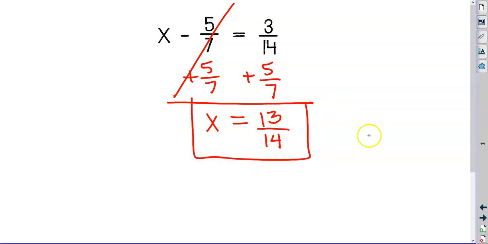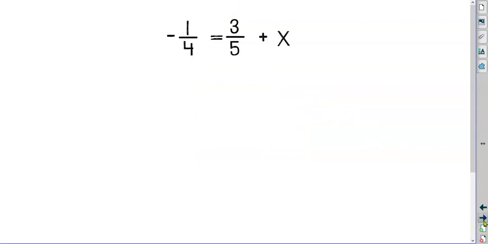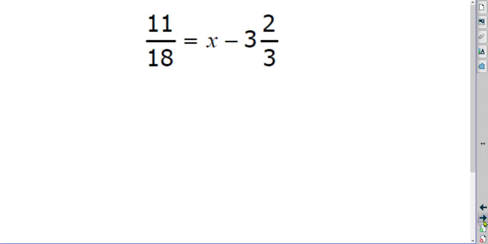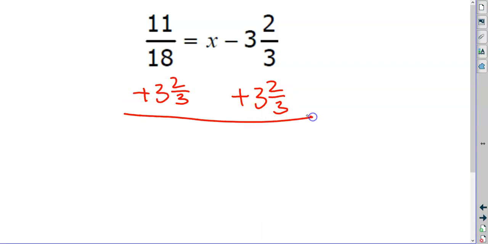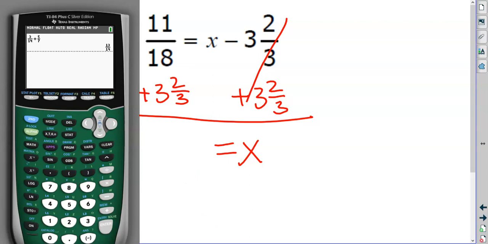That's not so bad. Now what if you had a mixed number? Say something like this. What you'd want to do is use a different button on your calculator, but the same process. So watch what happens this time.